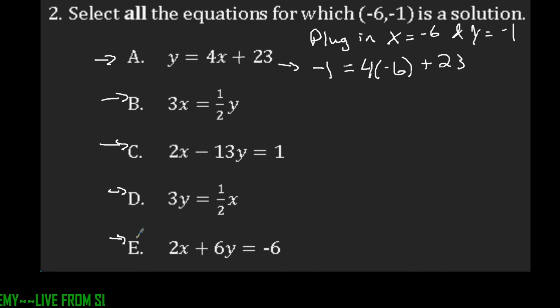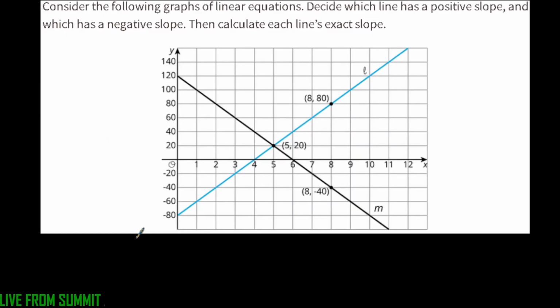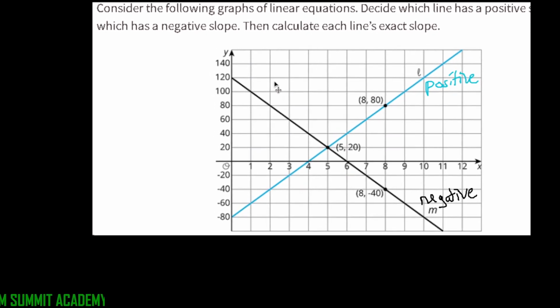And for number 3, I'm going to do this one as well. It gives you 2 equations. Right away I know that my slope for line L is positive, and my slope for line M is negative. Find the slope of each line. So I'm going to say for line L, let me actually move it over a little bit like this.